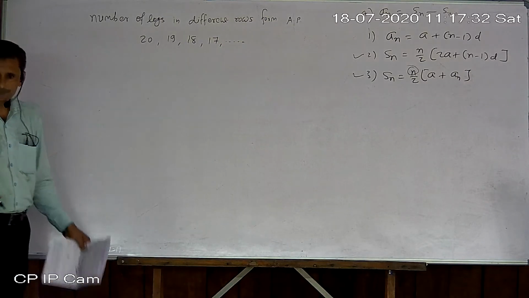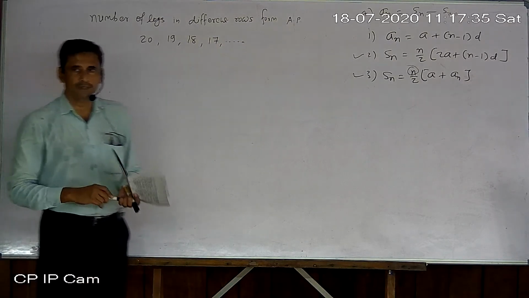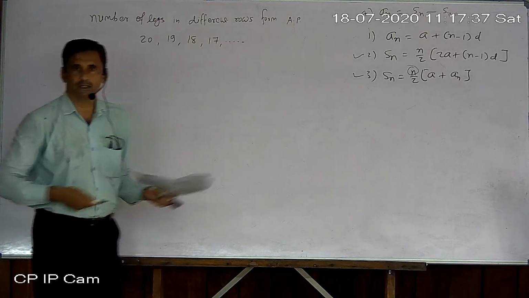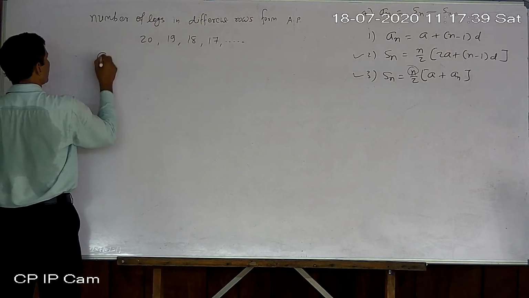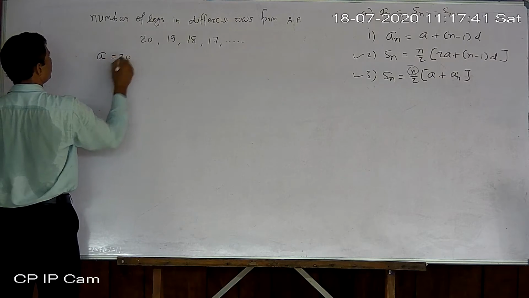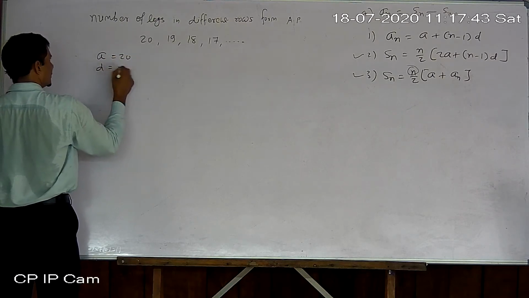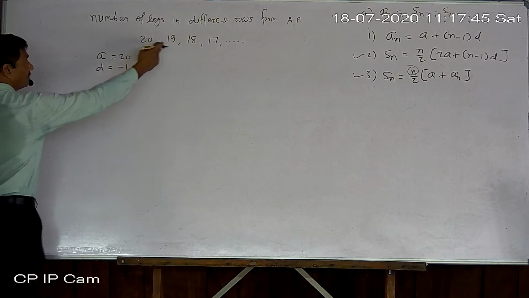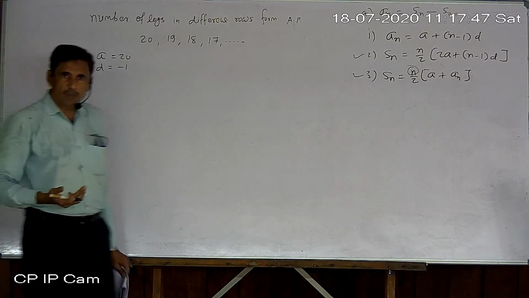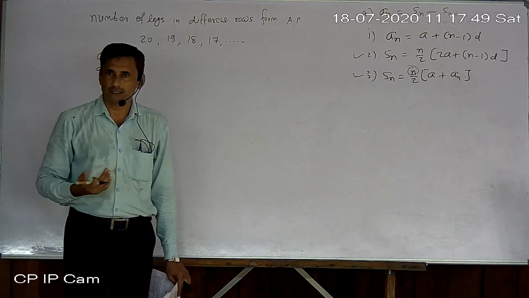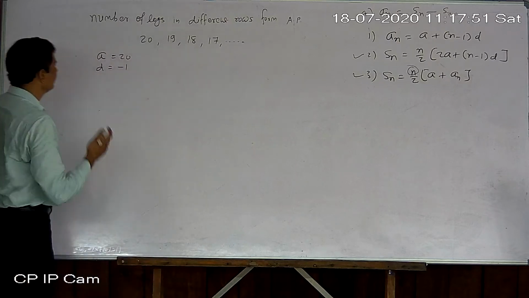So obviously, we have written an AP, so it means we have a and d. So write down a and d. So a equals 20, d equals minus 1, a2 minus a1. Whenever a progression is decreasing, at that time d is always negative.